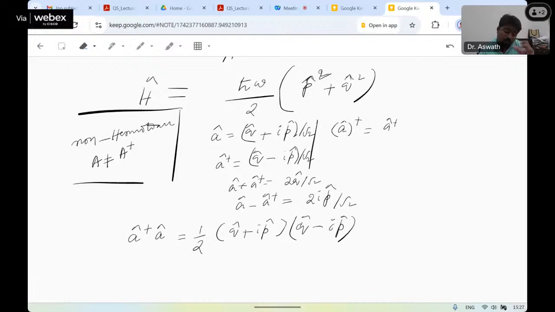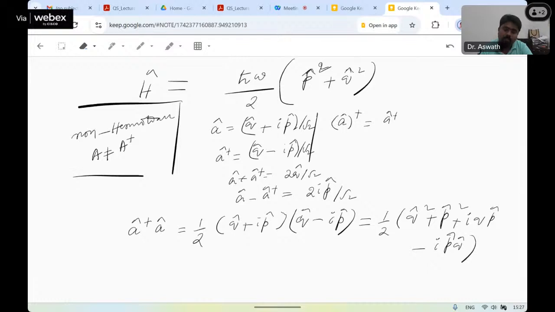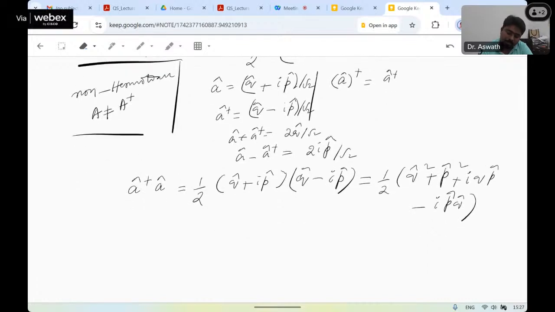Now this is equal to 1 by 2 (q square plus p square, plus i into qp minus i into pq). In quantum mechanics, if there are two operators a and b, and I put them in a rectangular bracket, what it means is ab minus ba.